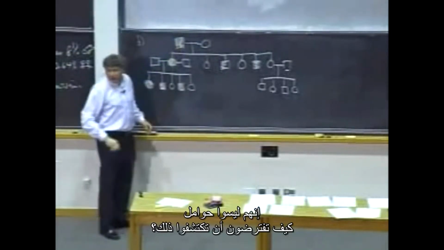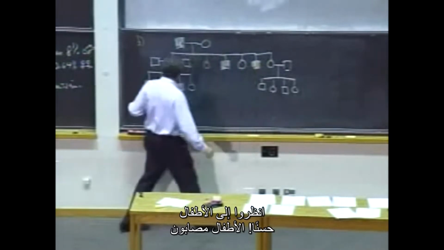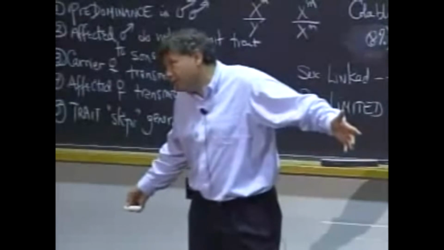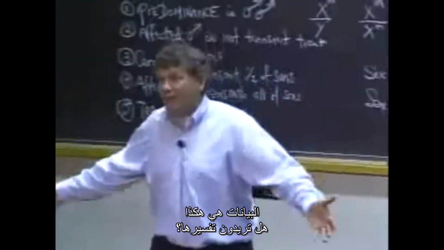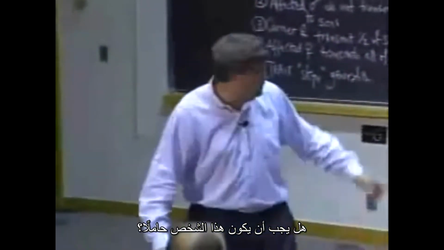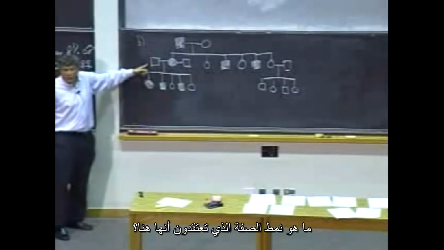They're not carriers. How do you propose to find that out? Look at the children. Well, the children are affected. They could be carriers. The data are what they are. You got to interpret them. Does this person have to be a carrier? What kind of a transmission do you think? What kind of trait do you think this is?